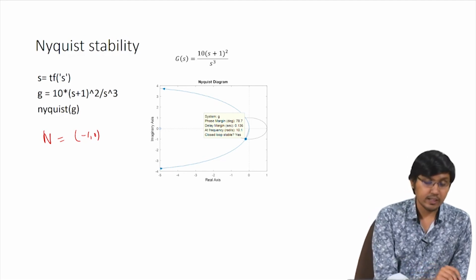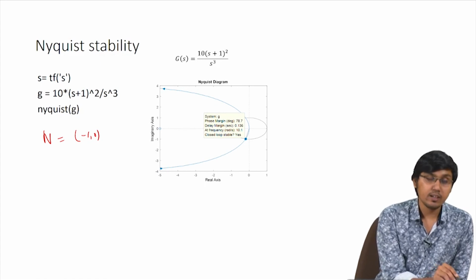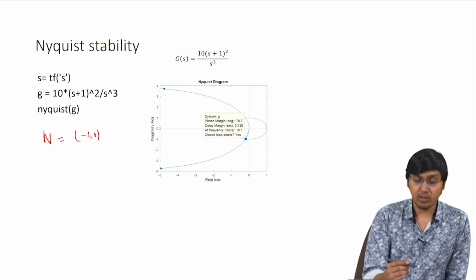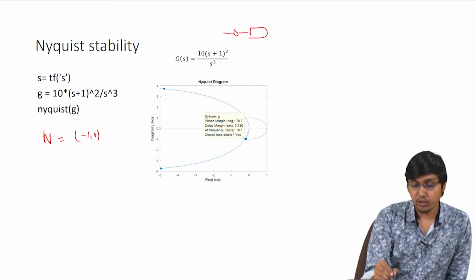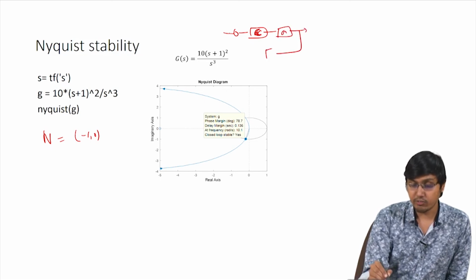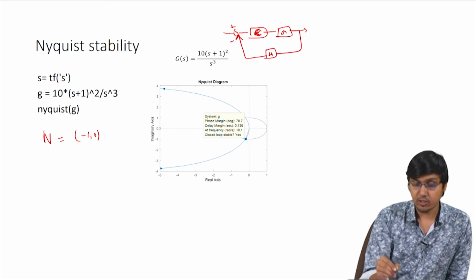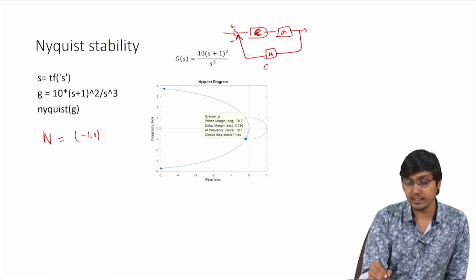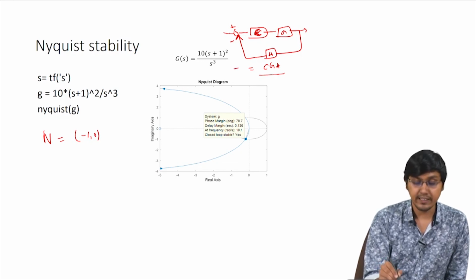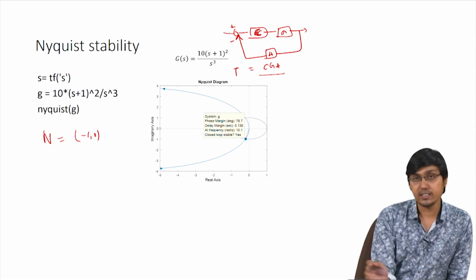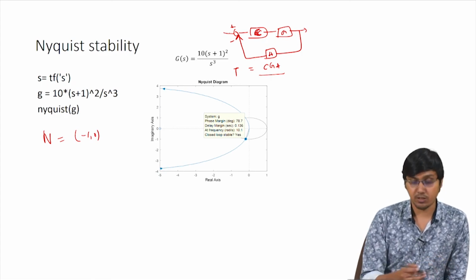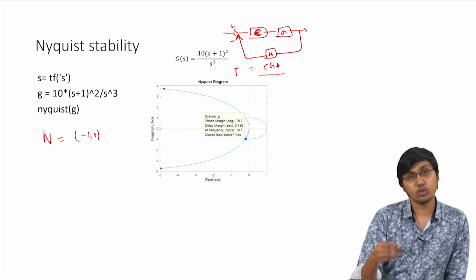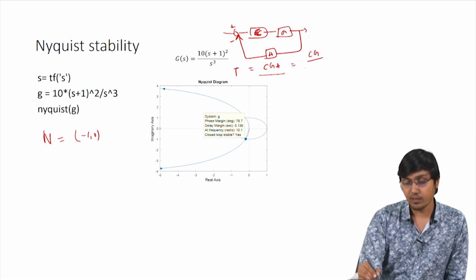Remember, you are drawing the Nyquist plot for the open loop transfer function. If you have a loop with a controller C, then a process G, and then a feedback H, what you draw the Nyquist plot for is C into G into H. This is the open loop transfer function, say T. The closed loop transfer function is CG by 1 plus CGH.